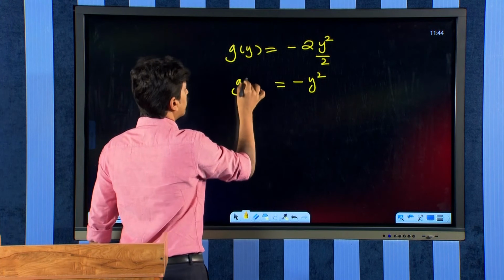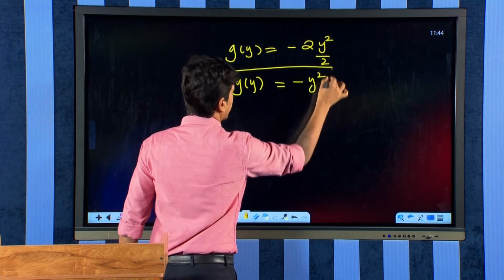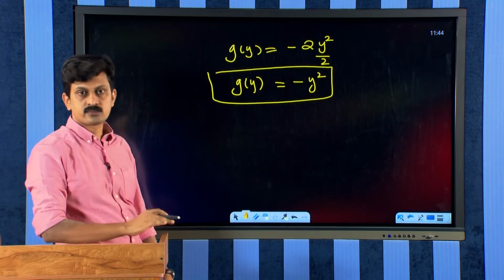Therefore, we found the value of g of y as minus y square.